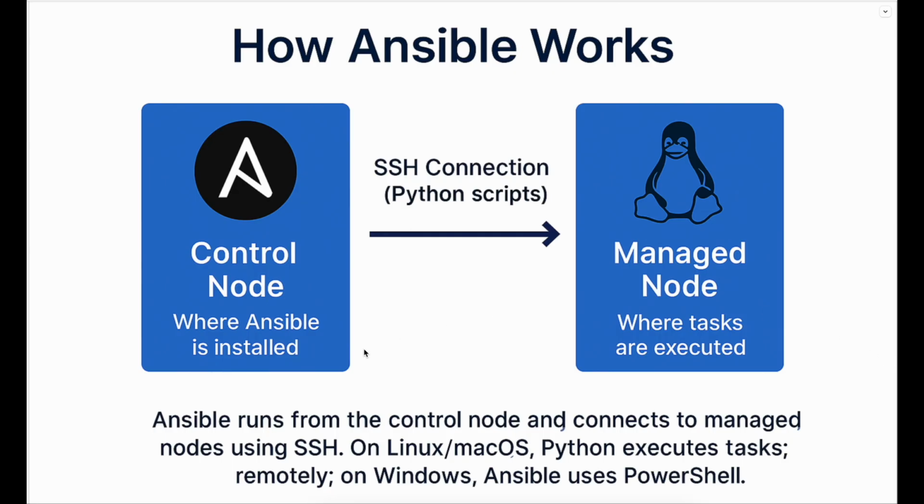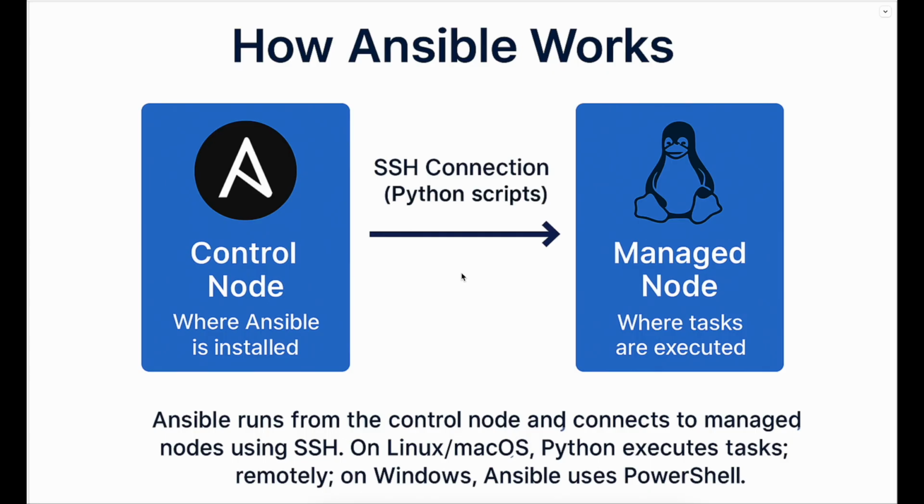You have one machine called the control node. This is where Ansible is installed. From there, it connects to one or many managed nodes, which are the machines you want to configure. For Linux machines, Ansible uses SSH. For Windows, it uses WinRM PowerShell remoting.